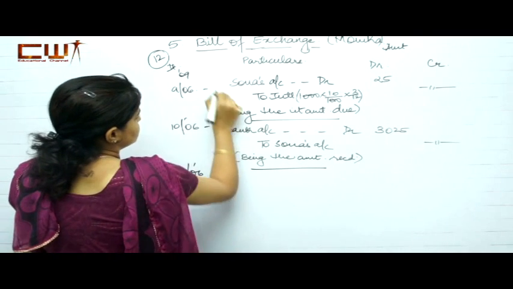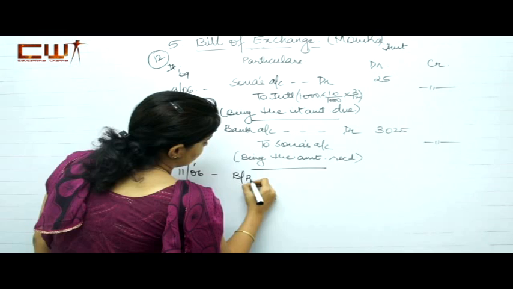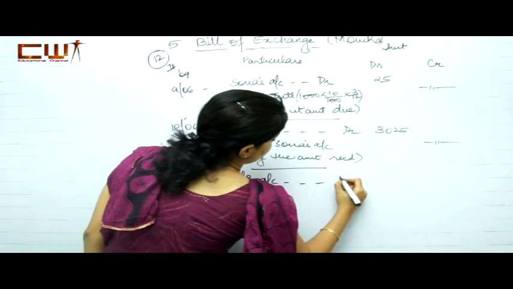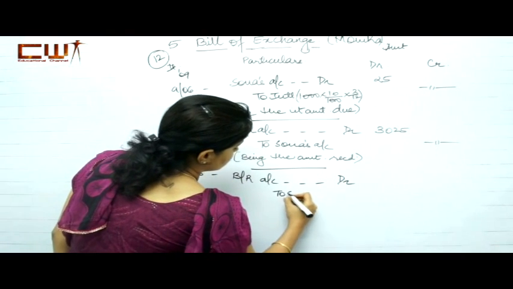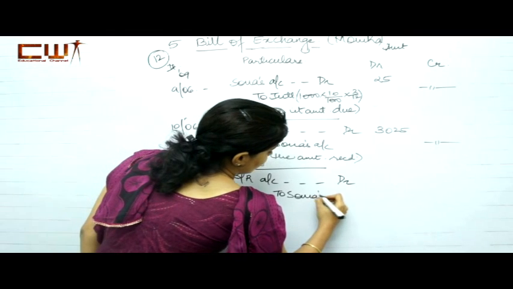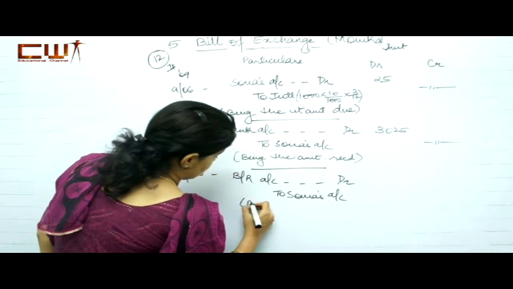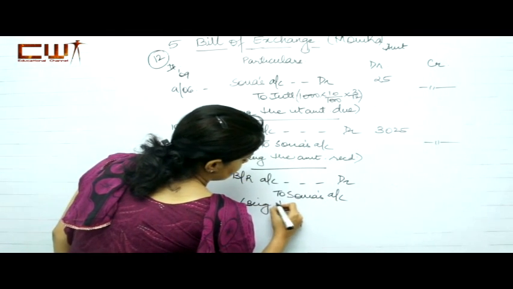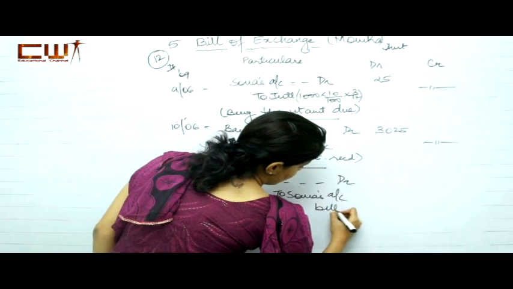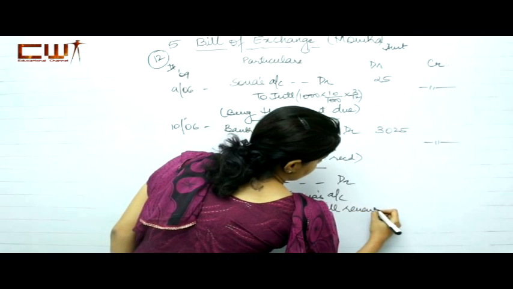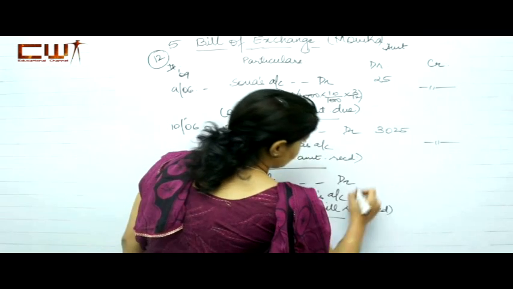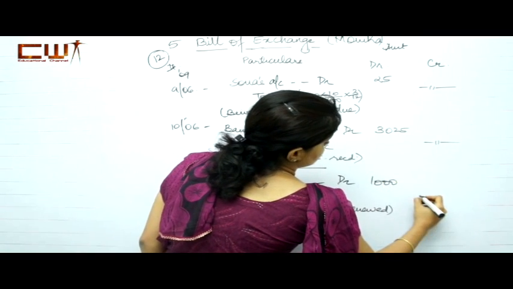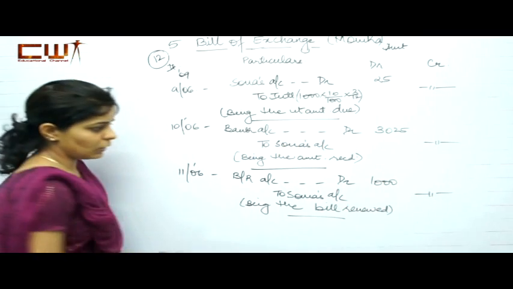How much? Bills receivable account, new bill, to Sona's account, being the bill renewed or new bill being made. How much is that for? It is for 1,000. Alright.